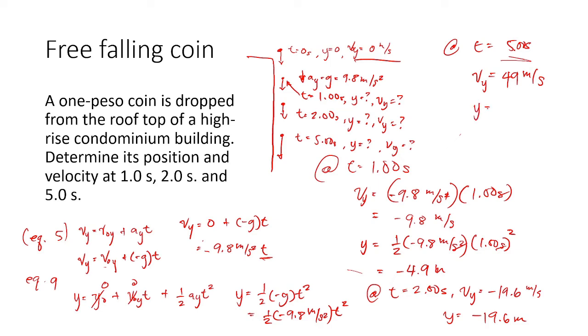And for the position, our y, plug in lang din natin ulit yung 5 dito sa ating t squared. So we'll have 25 because 25 is just 5 squared. We multiply that to the 1/2 of negative 9.8. So we'll have 122.5 meters. Okay?